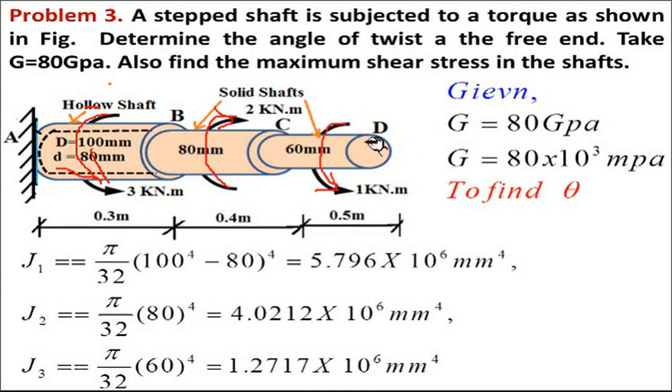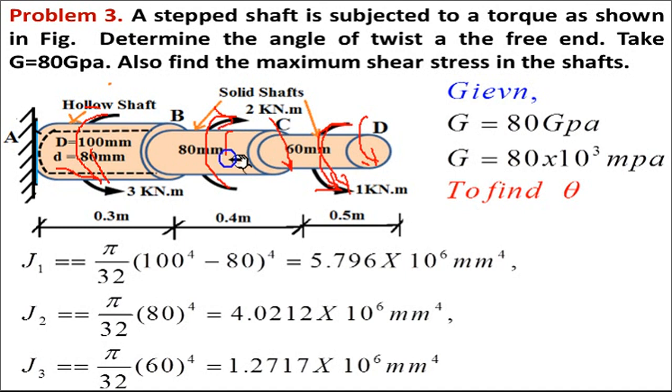Cut CD separately. On CD you will see that this anti-clockwise torque is acting at D, meaning clockwise should act at C. When you take the second cross section, clockwise 2 is here, and here at C anti-clockwise 1 is there. So the net effect will be 2 minus this 1, it will be 1.